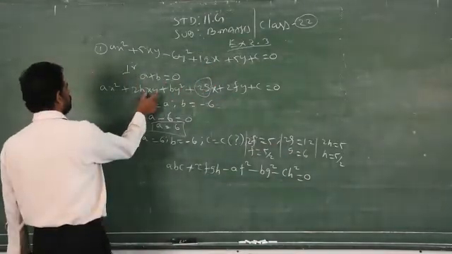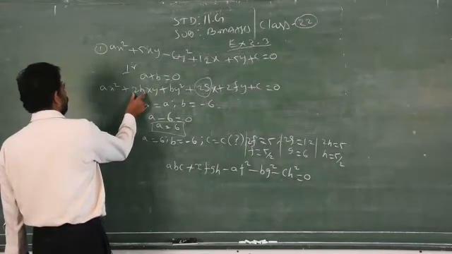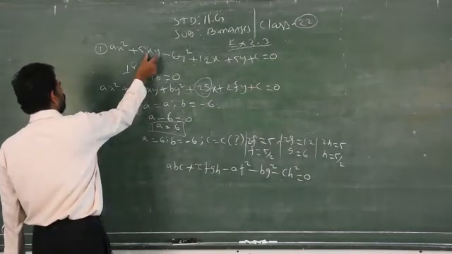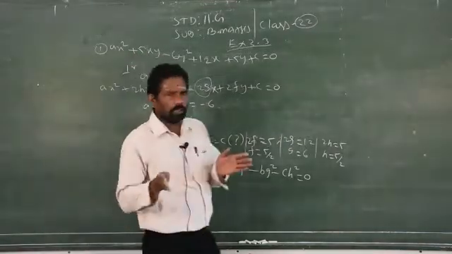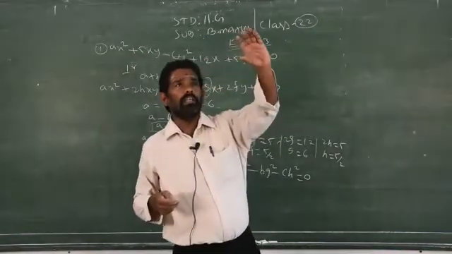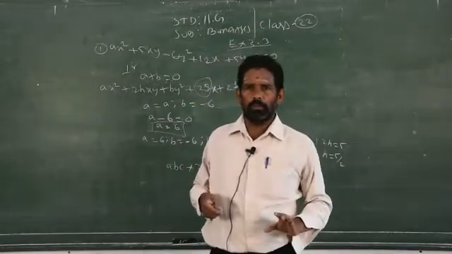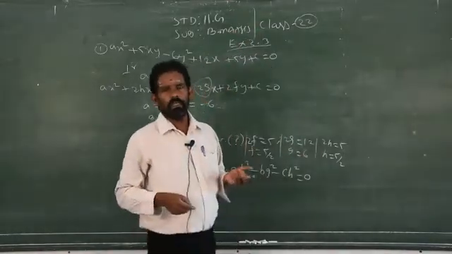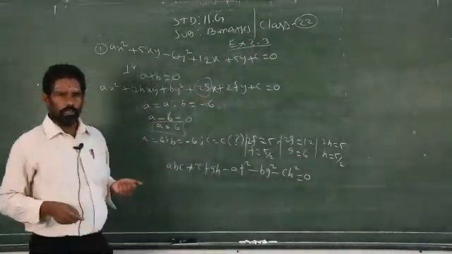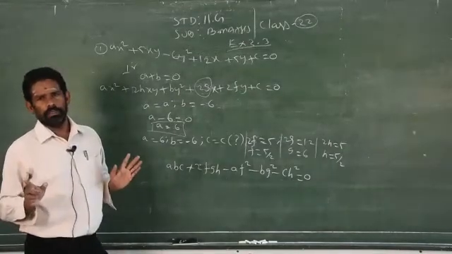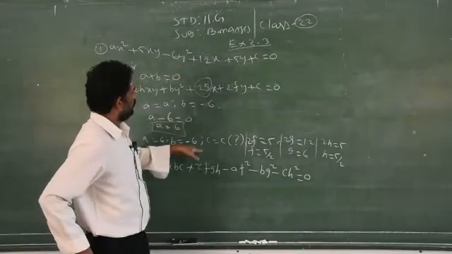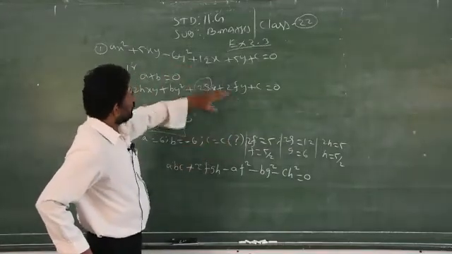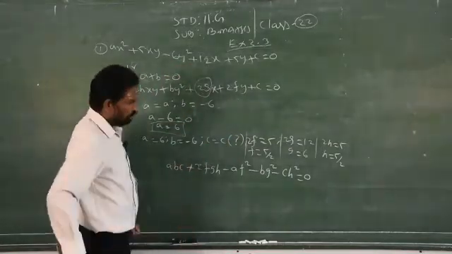Similarly, coefficient of xy is 2h, in the question coefficient of xy is 5, so 2h is equal to 5. Just compare the given equation with the general equation to find g, f, h, a, b and c. Clear? So this is very important. Be careful of using the sign. If you miss the sign, then you will get wrong answers.